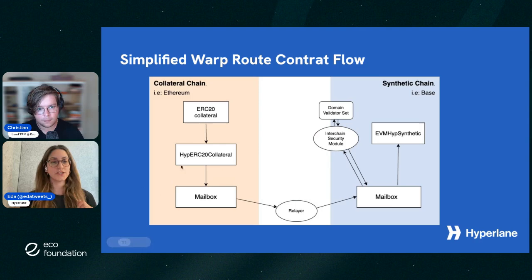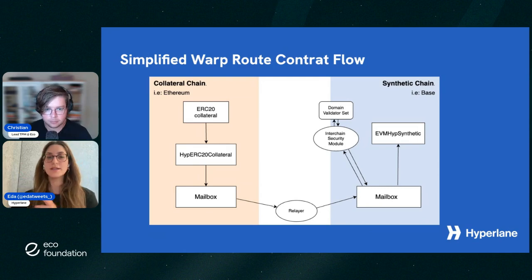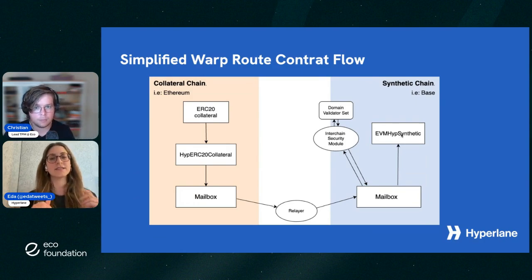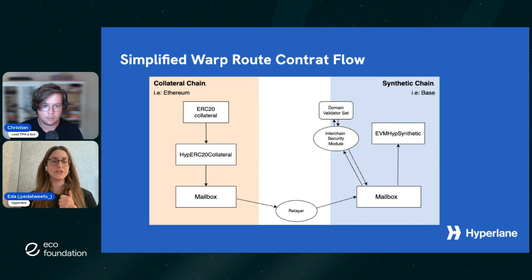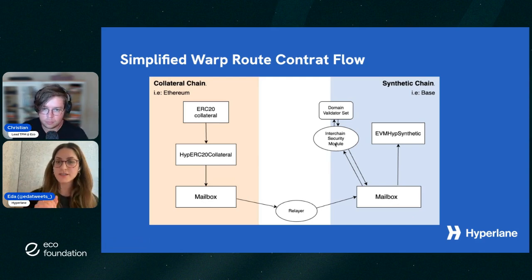In that case, you could write your own contracts which lock this token and then mint a synthetic version on the other chain yourself. But what warp routes provide you is also these HypERC20Collateral and EVM HypSynthetic contracts that automatically allow you to directly use Hyperlane's message passing protocol, which includes the mailbox and how the mailbox communicates with the relayer, and how you can input the interchain security modules.